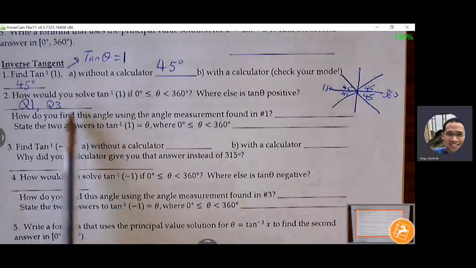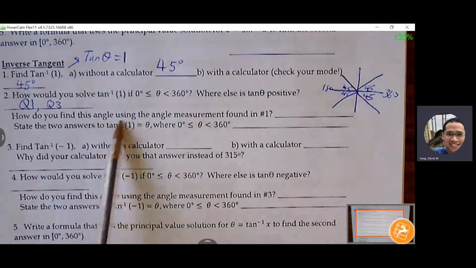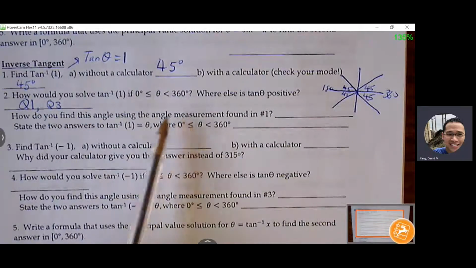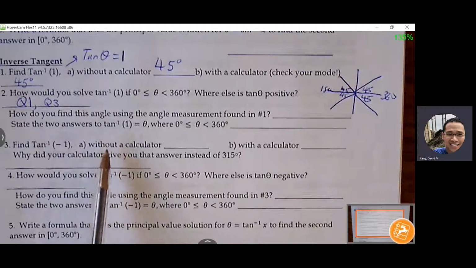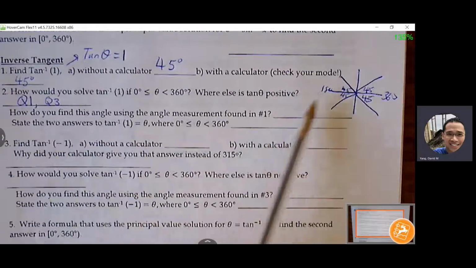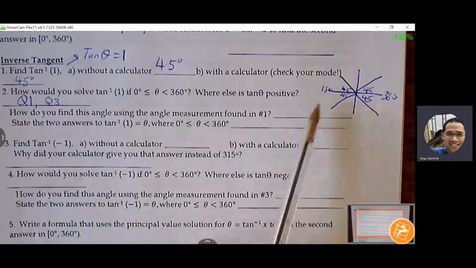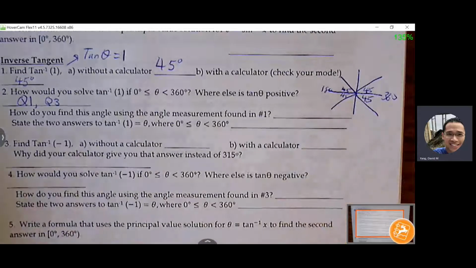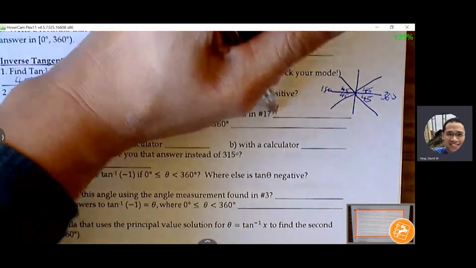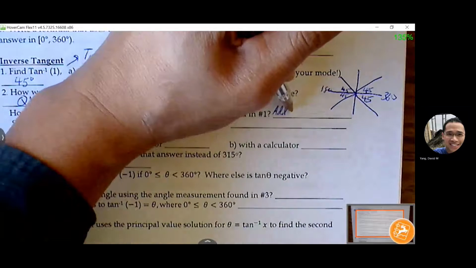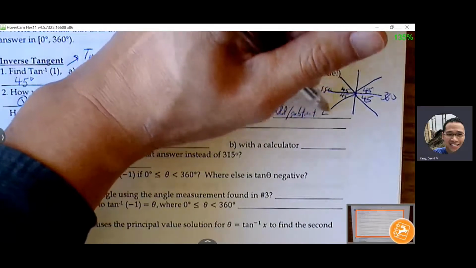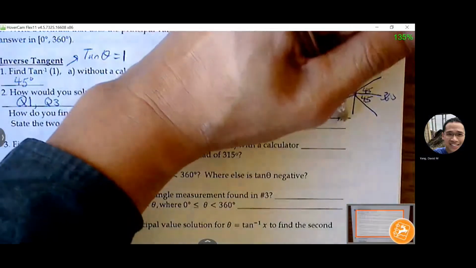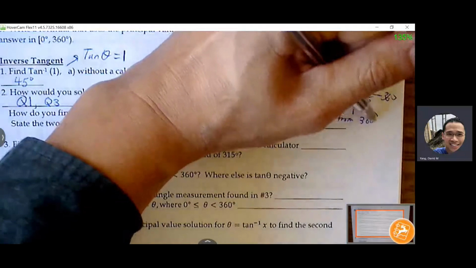We want something in the, let's see, how do you find this angle using the angle measurement found in number 1? We're going to either add or subtract 45 from 360 or 180.